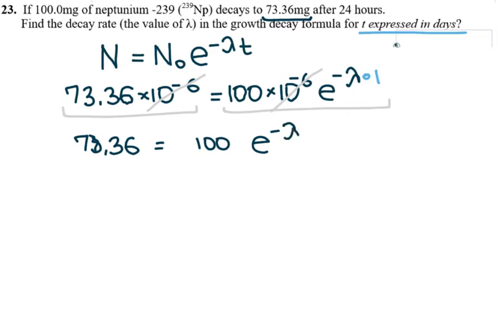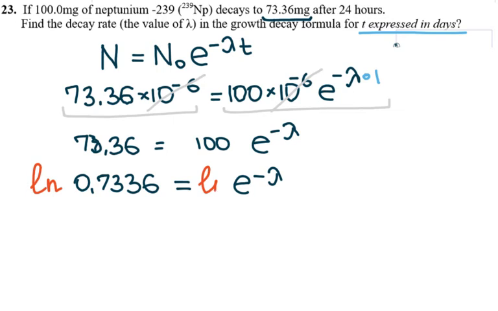Then if I divide both sides by 100, I will get 0.7336 is equal to e to the power of negative lambda. And every time I have equations with Euler's number, I have to get e on its own and then take the natural log of both sides.